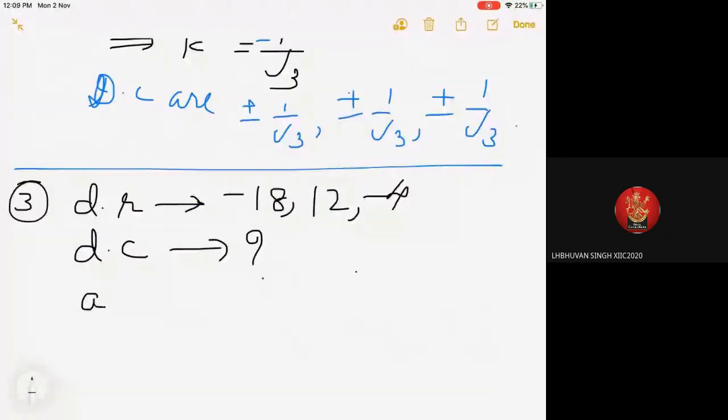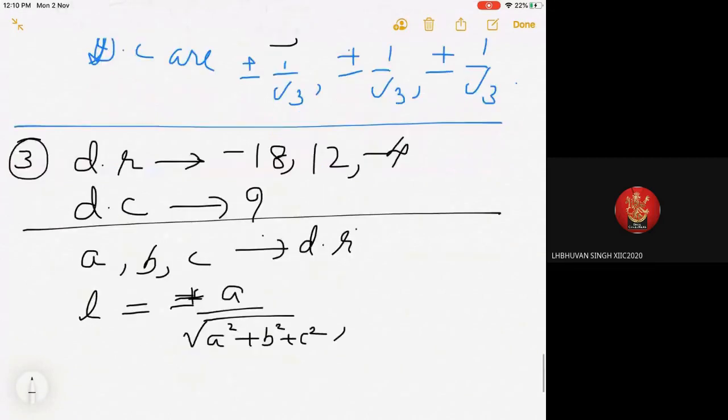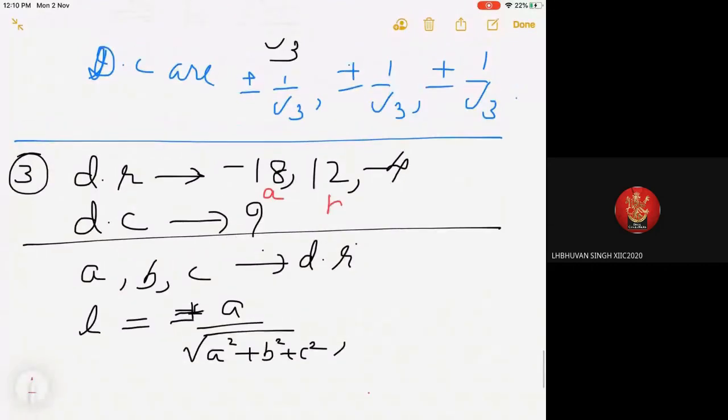Both are important. If A, B, C are direction ratios, how to convert to direction cosines? L equal to plus or minus A by root of A square plus B square plus C square. Similarly M, N, so this formula will be applied. Here A is minus 18, B is 12 and C is minus 4.